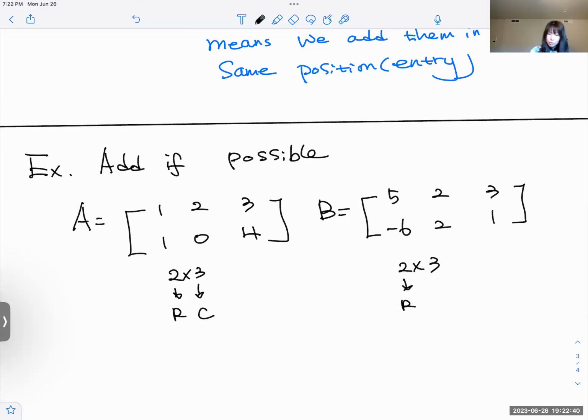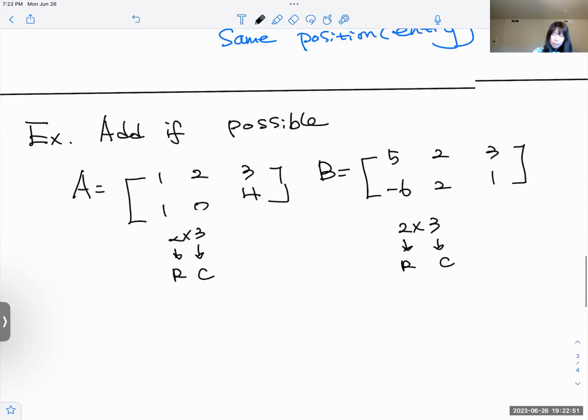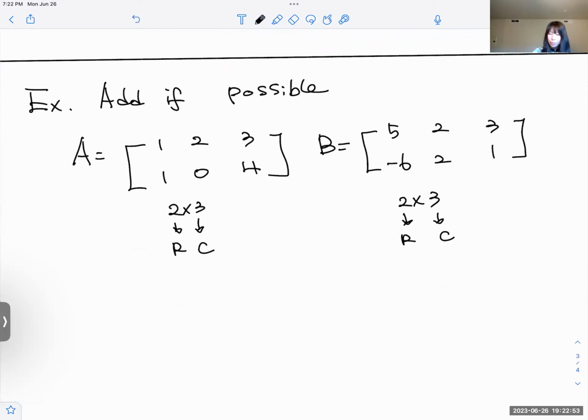We can add them because their sizes are the same.